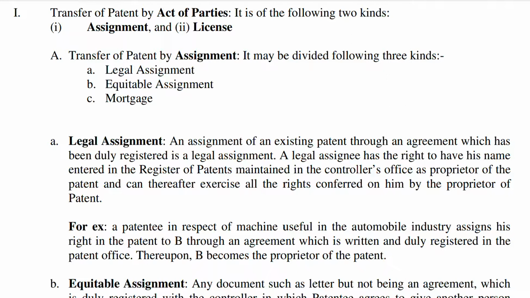For example, a patentee A, in respect of a machine useful in the automobile industry, assigns his right in the patent to B through an agreement which is written and duly registered in the patent office. Thereupon, B becomes the proprietor of the patent.